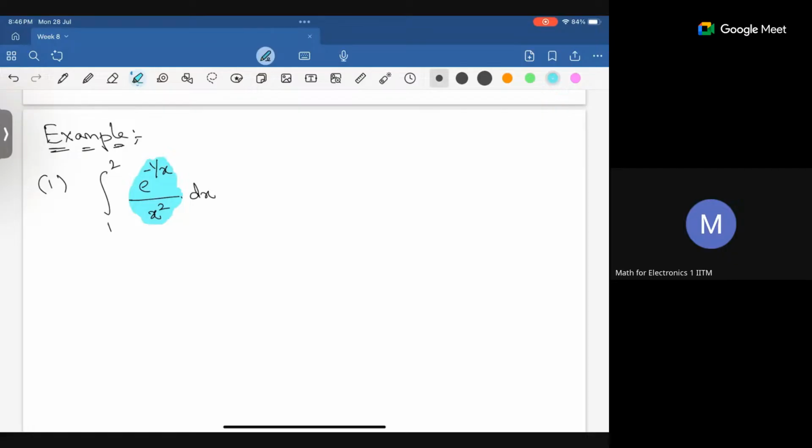But I want to find some g of x, which I know the antiderivative, and some u of x such that I can write this e power minus 1 by x divided by x square as g of u of x into u prime of x.